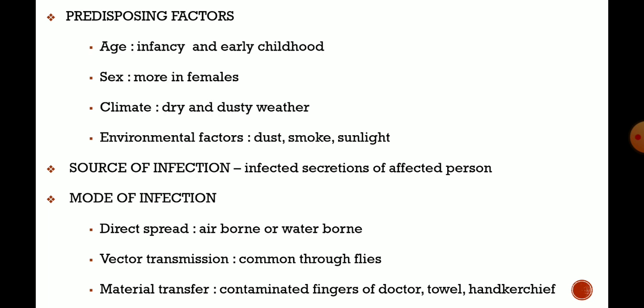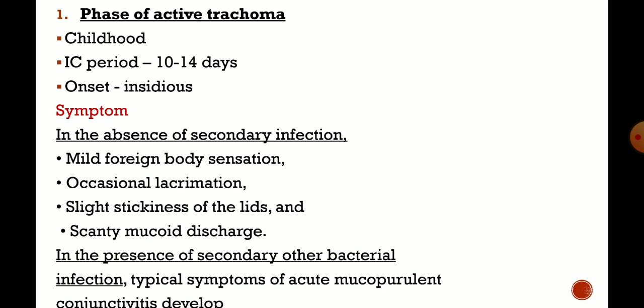It can spread directly via the air or water, or by material like a towel or handkerchief, or by a vector like flies. Phase of active trachoma in the childhood.